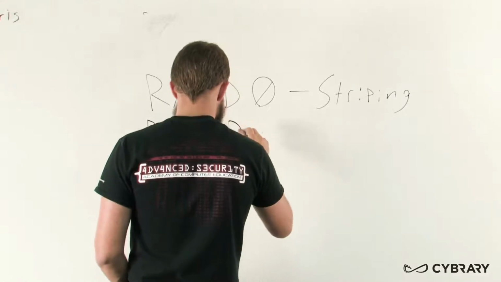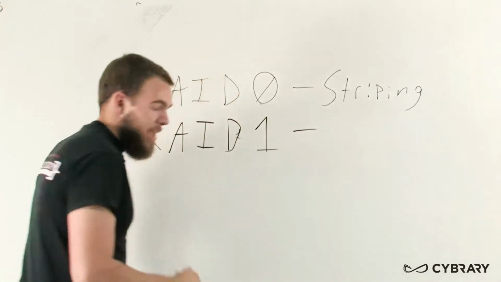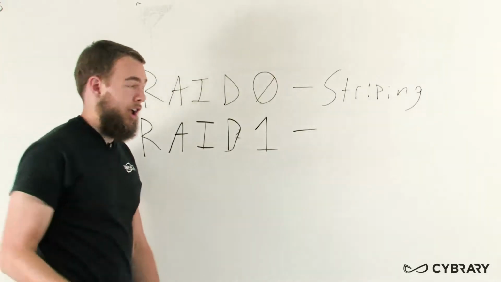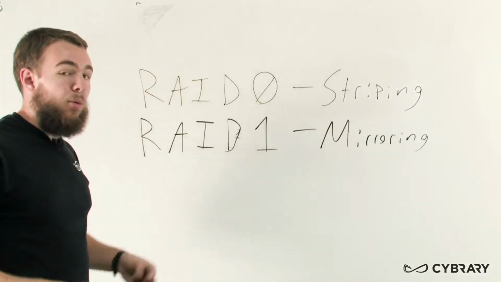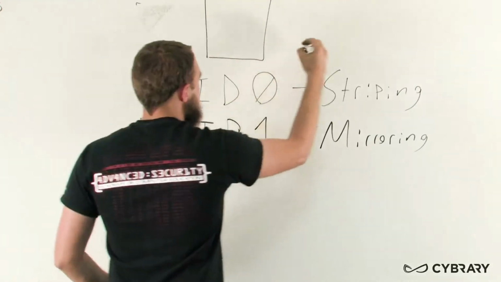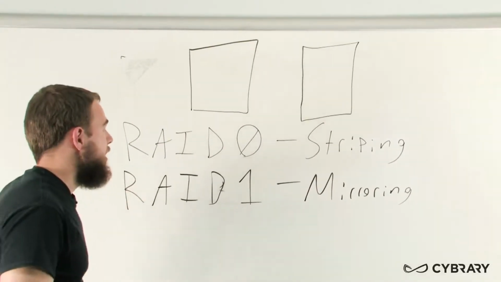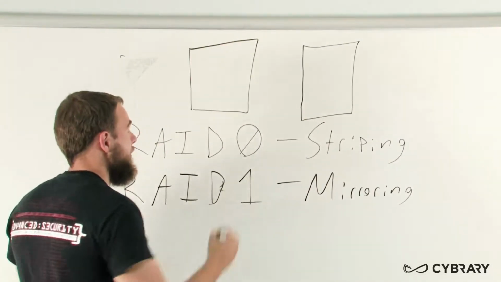So we have a different solution for having data that is more stable, and this is called RAID 1. And the key word to remember with RAID 1 is mirroring. Now, with RAID 1, with mirroring, we still need at least two drives. But instead of striping the information simultaneously on each drive, these drives are actually going to be mirrors of each other.